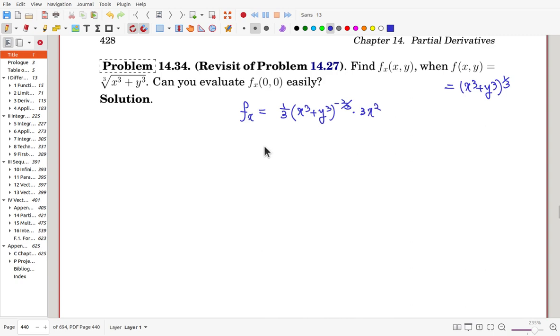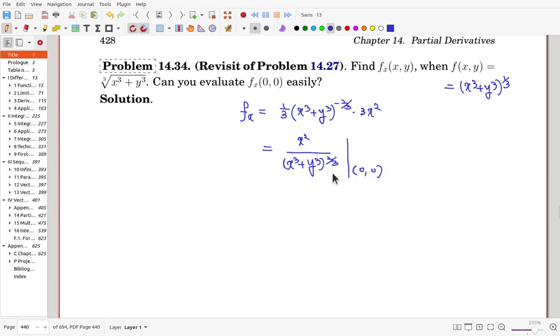Okay. Now that one can be written here, the 3 and 1/3 cancel out, the top is x squared, the bottom is x cubed plus y cubed to the 2 over 3. Now we have to evaluate this one at 0, 0.